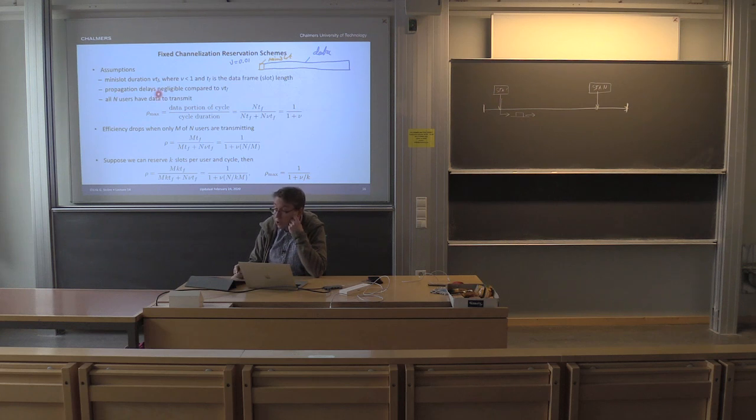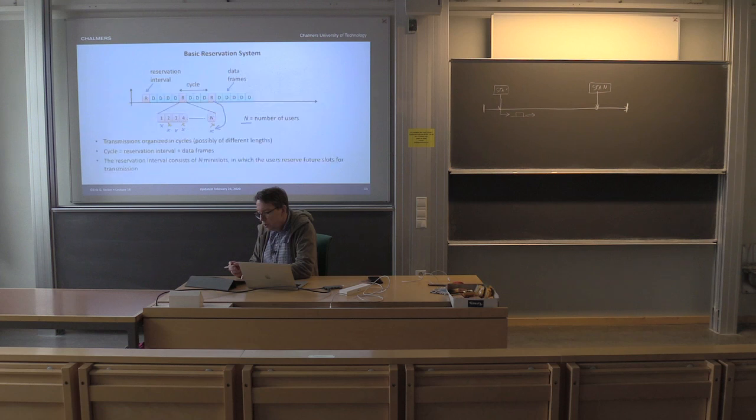Now, suppose the propagation delays are very small, negligible compared to the mini-slot duration. So this is the best we can hope for, so it's a very favorable assumption. Then if all end users have data to transmit, we can calculate the maximum efficiency, or maximum normalized throughput. So what is that? Well, it's essentially how much of the time is for data divided by the cycle duration.